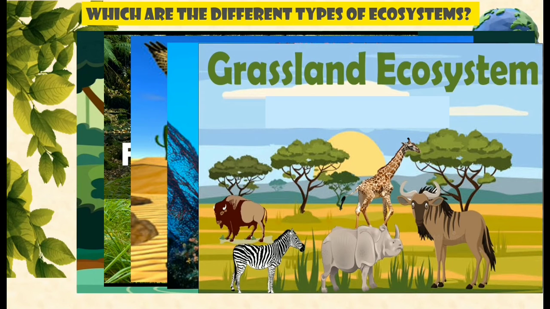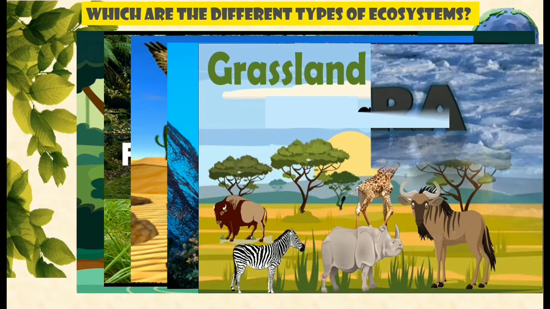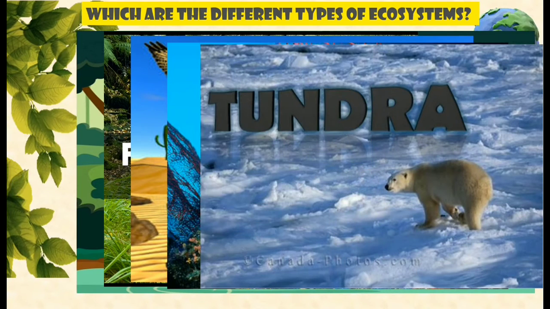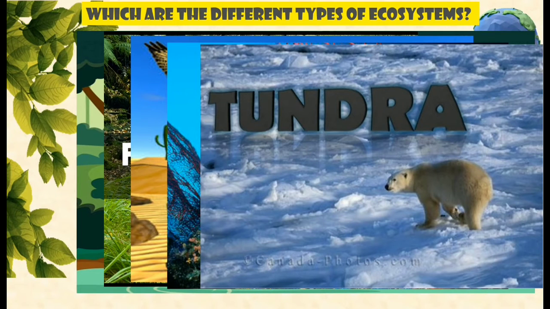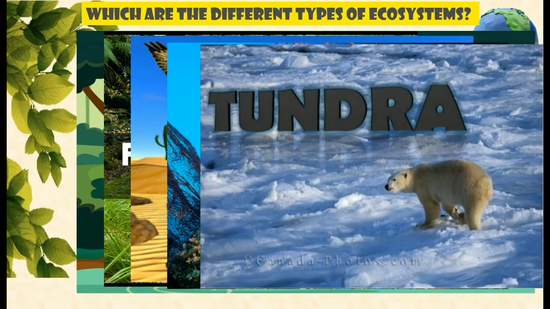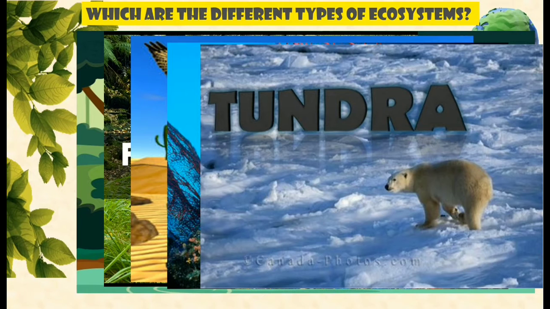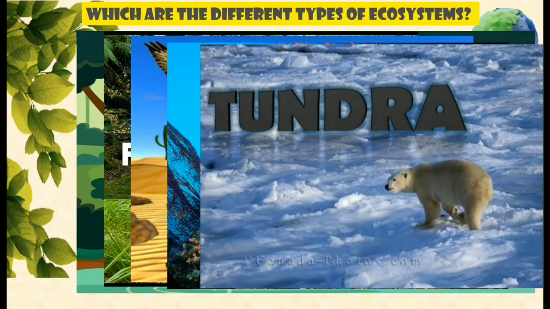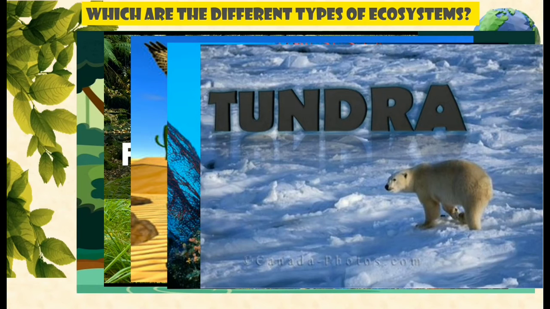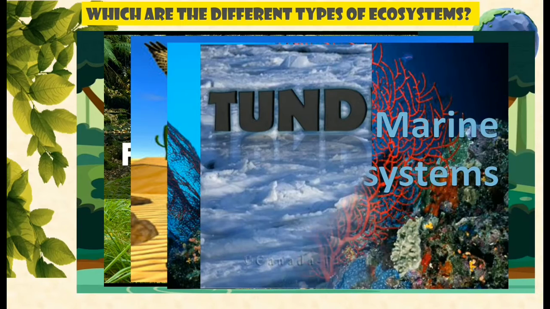That type of ecosystem is called a grassland ecosystem. Then you have the tundra ecosystem, usually found in the North Pole and South Pole regions, where there is a great amount of snowfall and the temperature is very low. This type of ecosystem is called a tundra ecosystem.